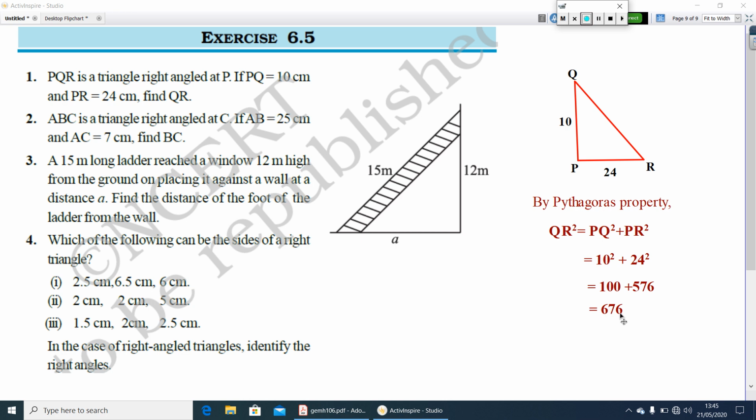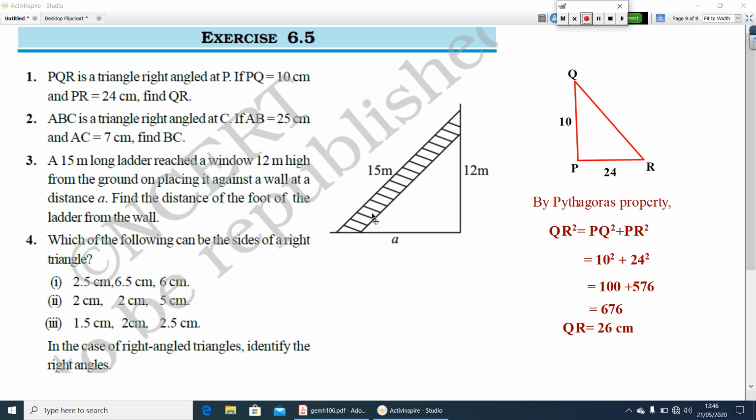Now to get QR, which number multiplied by itself gives 676, you have to try. It is 26 centimeter. So you can write QR is equal to 26 centimeter. The same way you can do question number 2 and question number 3.